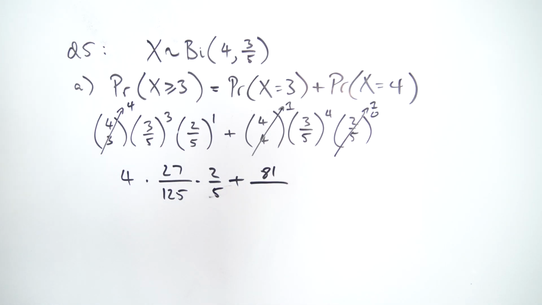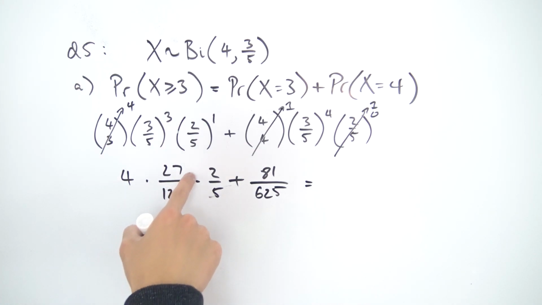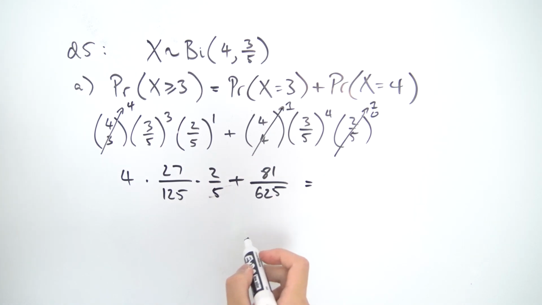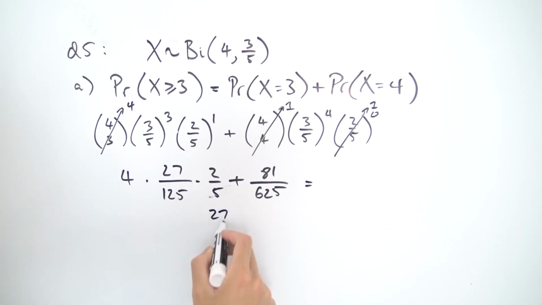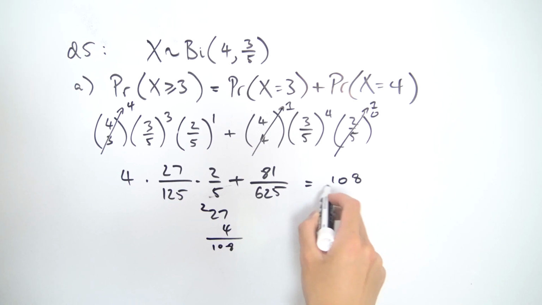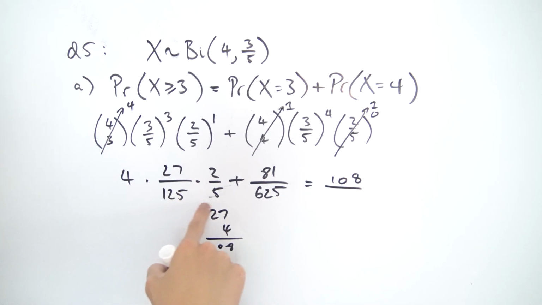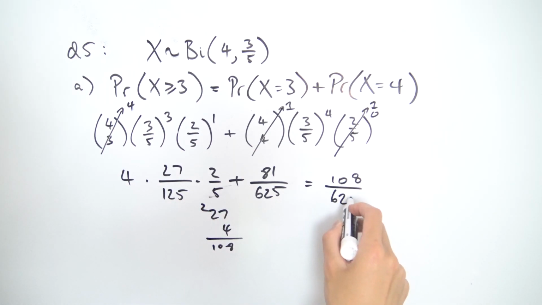And then 5 to the 4, well, we know 5 cubed is 125, so multiply that by 5, you get 625. And 4 times 27, that should be 108, if I'm not mistaken. Let's actually do this: 2 times 4, yes, it's 108. So 108 over, now we know 125 times 5 is 625.